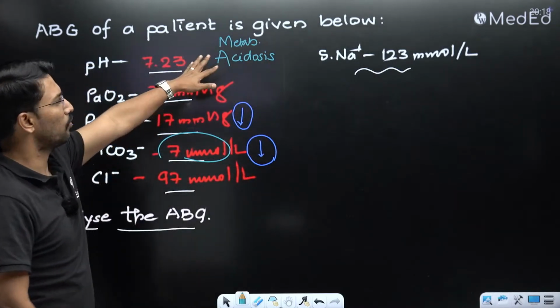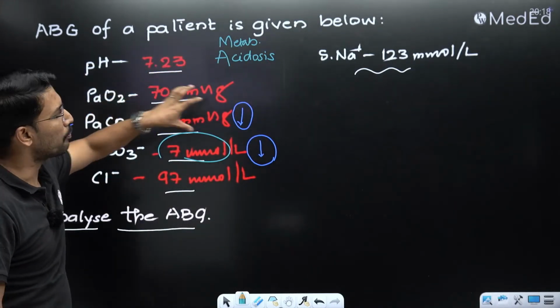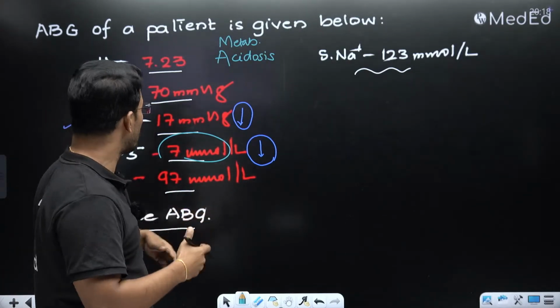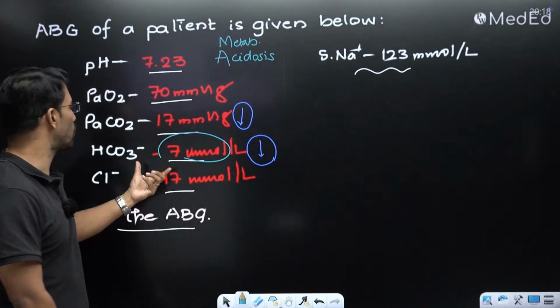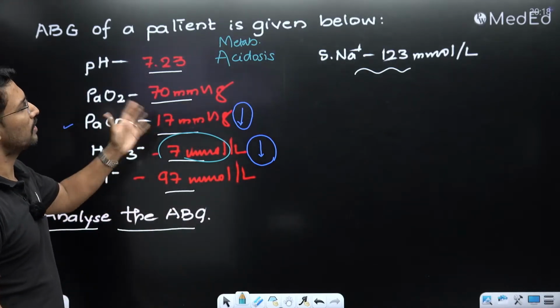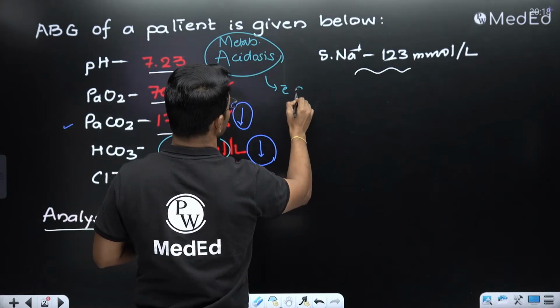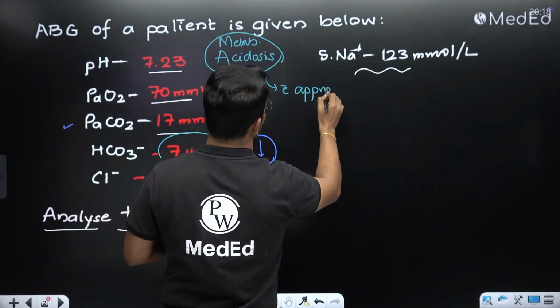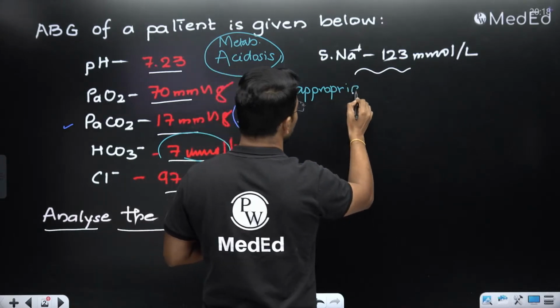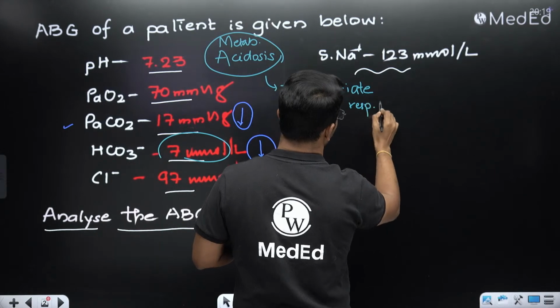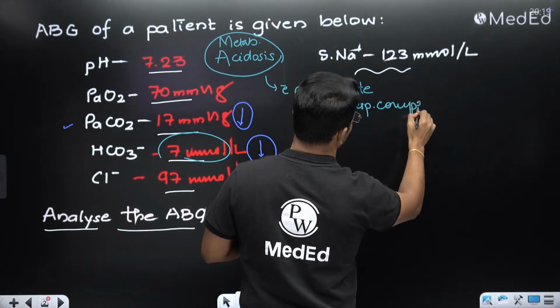Once we have a metabolic acidosis, we calculated the appropriate compensation using Winter's formula. Winter's formula told us that the PaCO2 is within the expected range. So we have metabolic acidosis with appropriate respiratory compensation. So there is no additional respiratory abnormality.